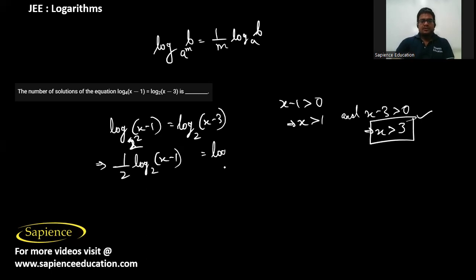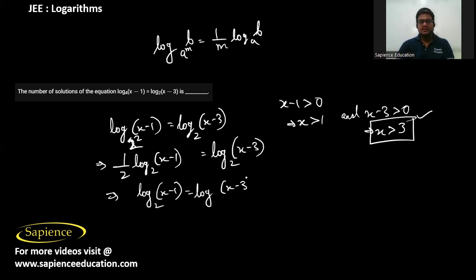So this will be equal to log (x minus 3) base 2. So we can write log of (x minus 1) base 2 is equal to 2 log of this, so log (x minus 3) base 2 power 2, log of (x minus 3) whole square base 2.